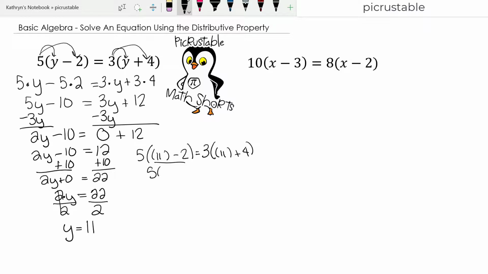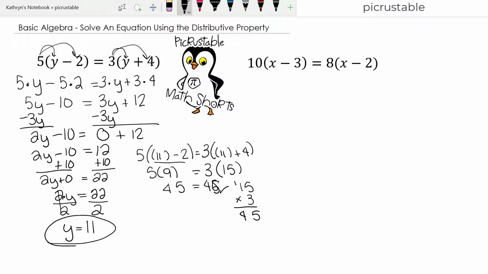So I'm going to have 5 times 9, and we hope that equals 3 times 11 plus 4, which is 15. Well, 5 times 9 is 45. And 15 times 3, let's see what that is. That's also 45. Yay! So that means, yep, y equals 11.